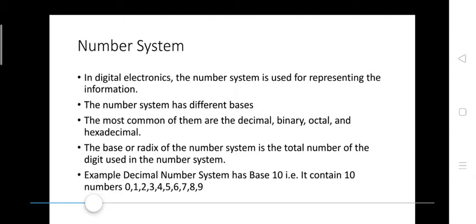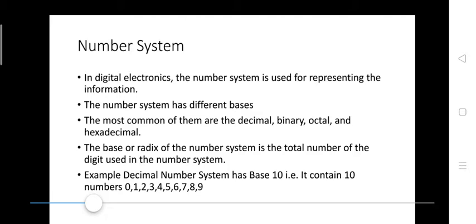First, decimal number system. Second, binary number system. Third, octal number system. Fourth, hexadecimal number system. These four number systems have their own base, or we can call it radix.